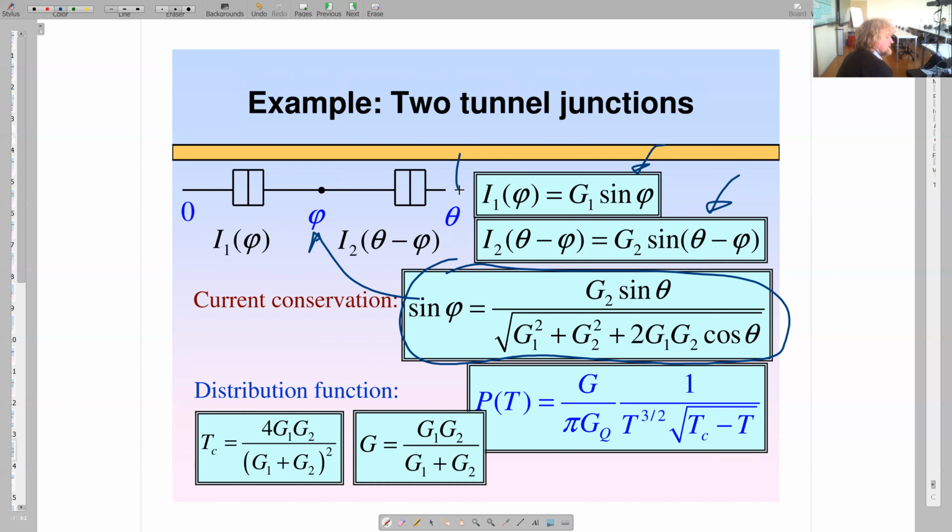Right. We can use the Landauer formula to arrive at the following distribution.